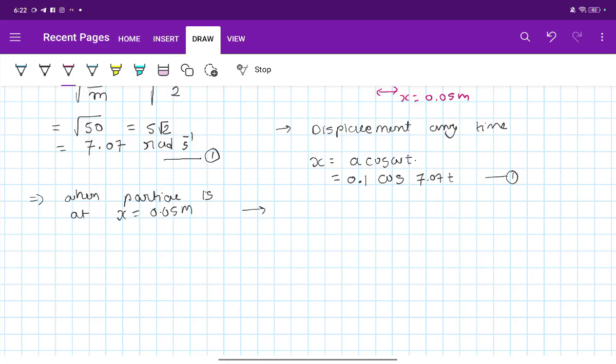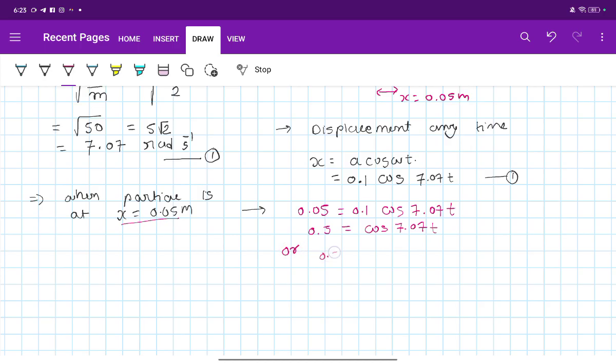So if we plug this value here, it will become 0.05 equals 0.1 cos 7.07 t. Now 0.05 divided by 0.1 is 0.5, so cos 7.07 t is 0.5.